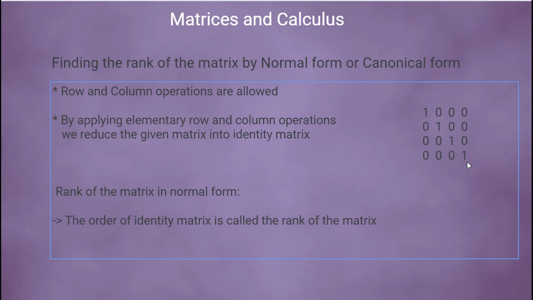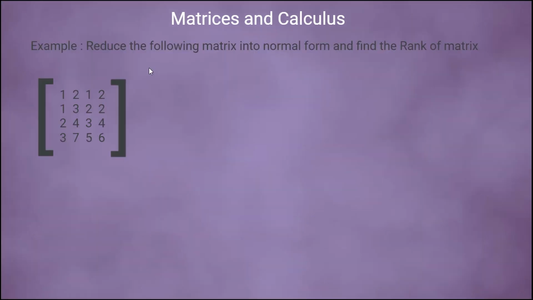And now let's discuss this normal form using an example. Here we are given an example matrix, and we need to reduce the following matrix into normal form and find the rank of the matrix. For reducing this matrix into normal form, we need to perform some row and column operations and convert this matrix into an identity matrix.